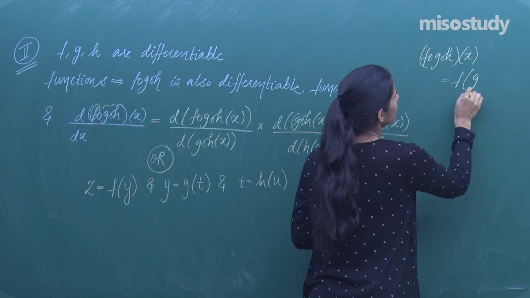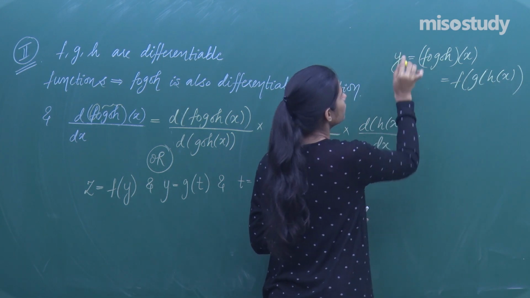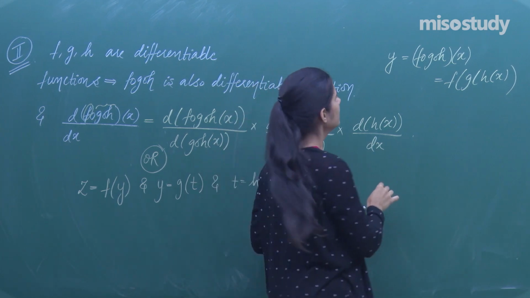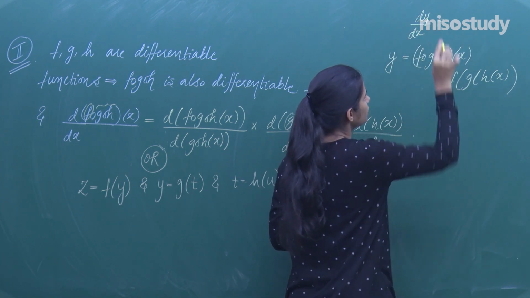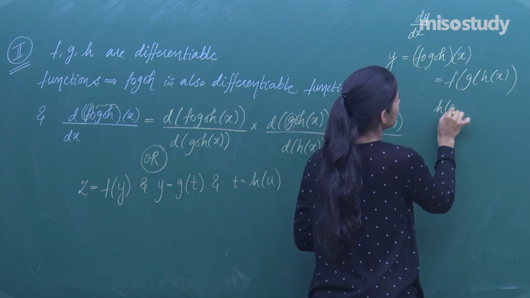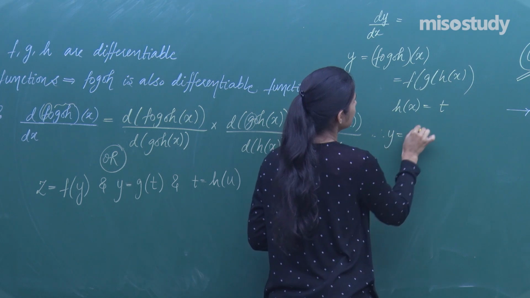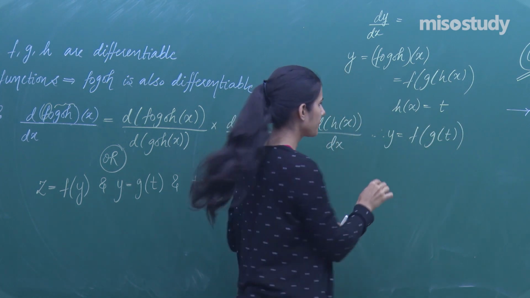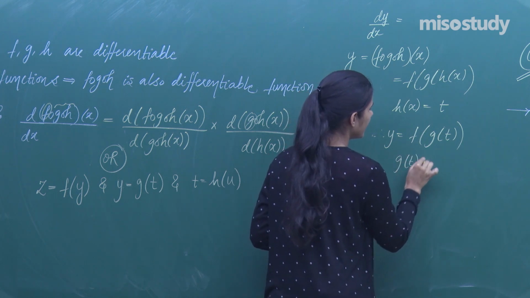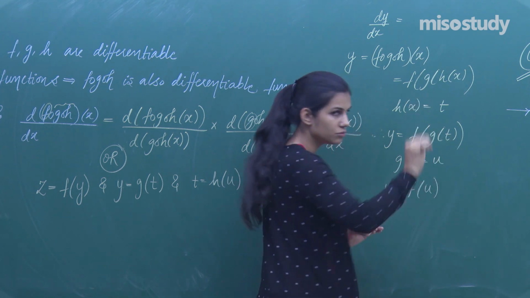This is f of g of h of x. Suppose I am taking this to be equal to y. Fine. I am interested in dy by dx. So if I take h(x) as t, I have y as f of g of t. Then if I take g of t as u, I have y as f of u.